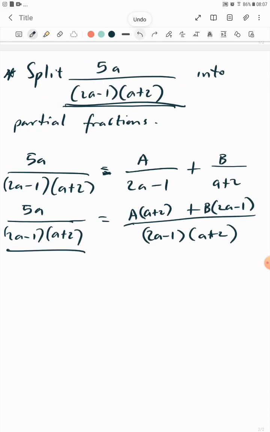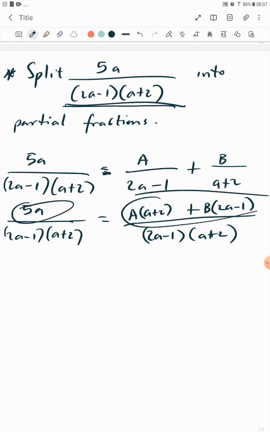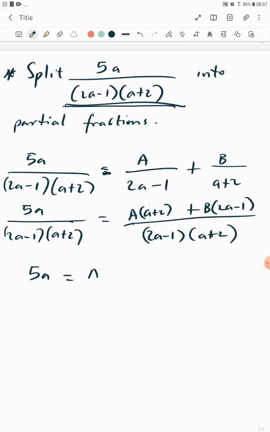If the denominators of both sides are the same, definitely it means that the numerators are also the same. Hence we can say that 5a equals A bracket a plus 2 plus B bracket 2a minus 1.